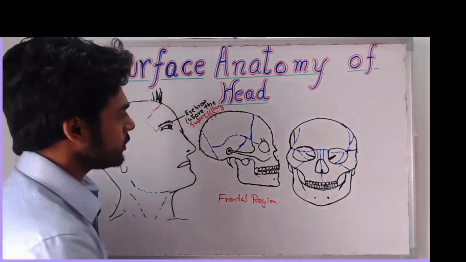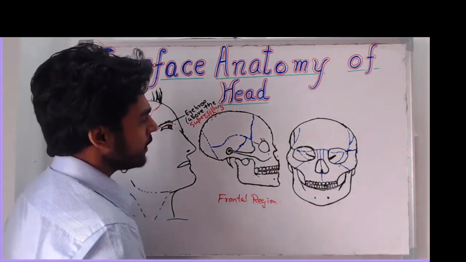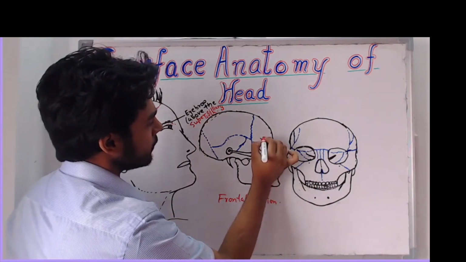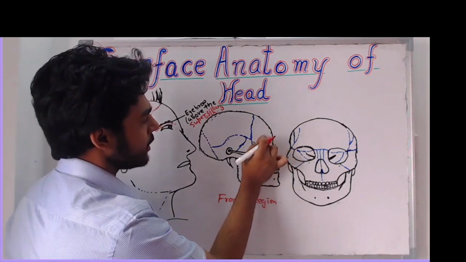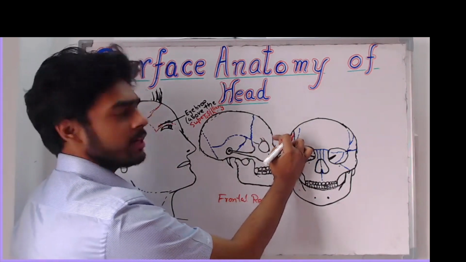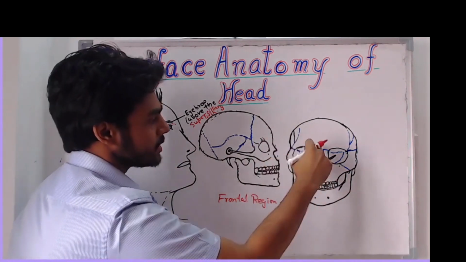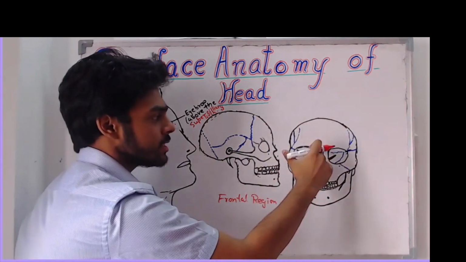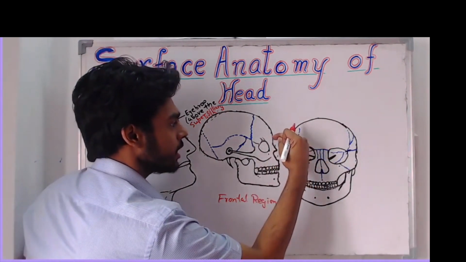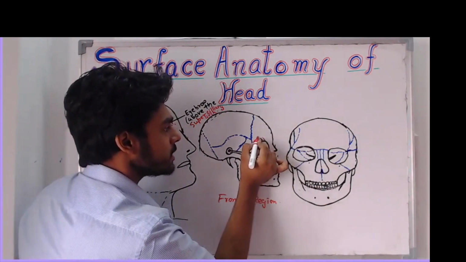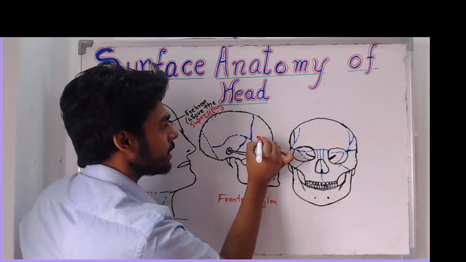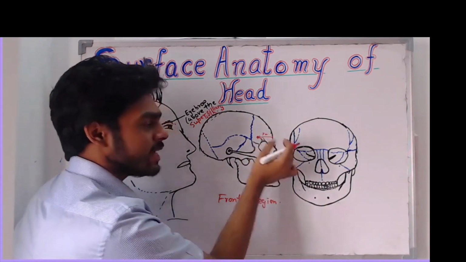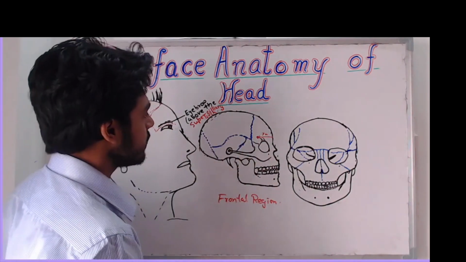Over the skin, this is the glabella part, and when you touch here, actually the pineal gland is situated 7 centimeter inside the glabella. This is the frontal region.